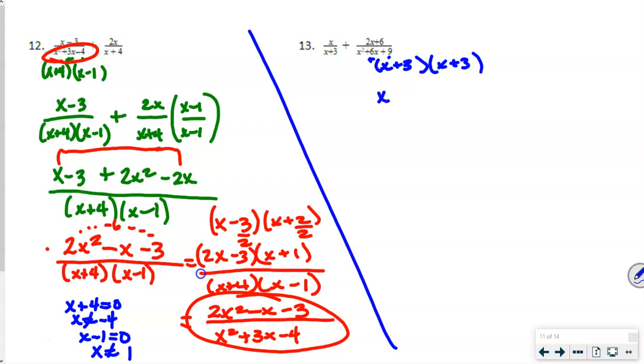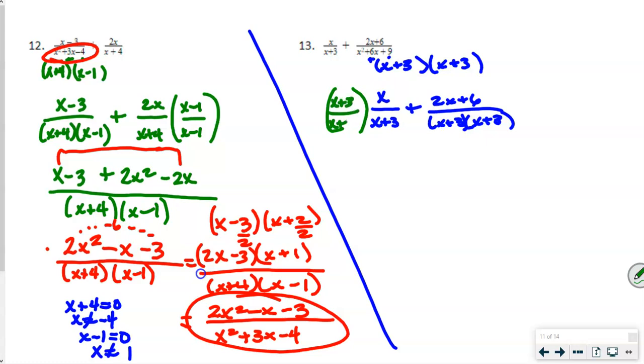So if we've got x over x plus 3, we're going to have to multiply both the numerator and the denominator by x plus 3, right? I'm going to go ahead and write this other one, 2x plus 6 over here, over, again, our x plus 3 times our x plus 3. Because, again, we may have something that we can factor out. So I'm going to go ahead and multiply the numerator and denominator over here by x plus 3, because that's what's going to give us the common denominator.